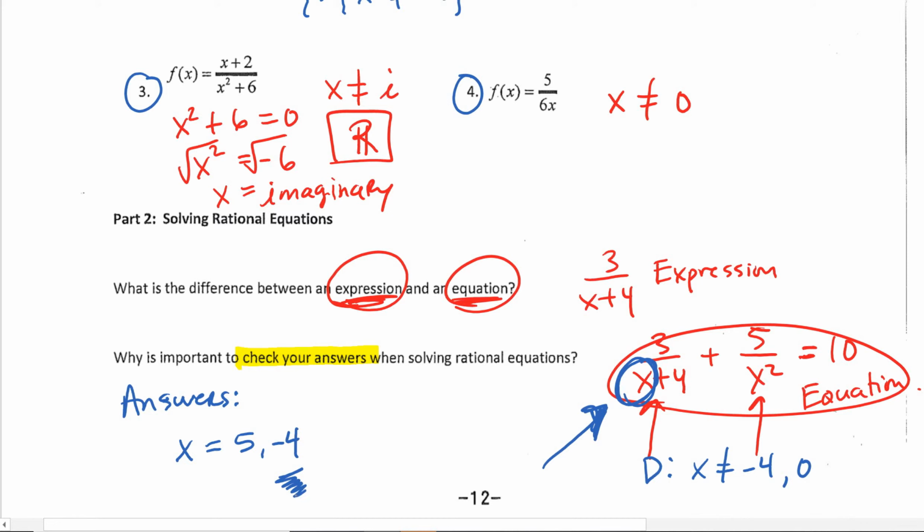If one of our answers was -4, then that's not going to work in our original equation, so we call that an extraneous solution. What that means is that -4 cannot actually be an answer, and your only answer would be x equals 5. Now, where did I get 5 and -4? I just made those up for this example. We'll go ahead and start solving these in just a minute.